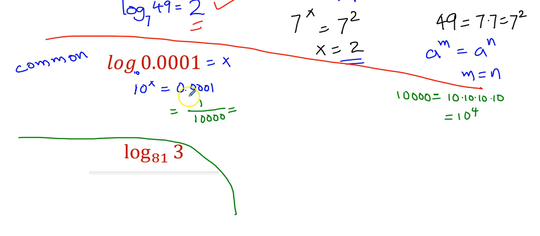So the decimal form 0.0001 is transformed into 1 over 10 to the power of 4. But again, 1 over 10 to the power of 4 can be changed to 10 to the power of negative 4 using the negative exponent property.